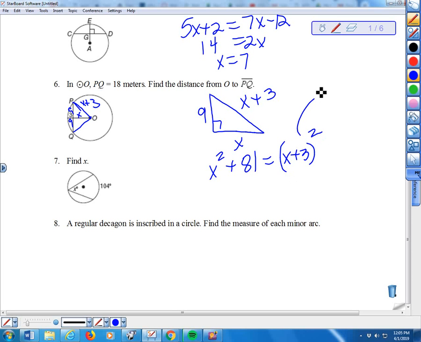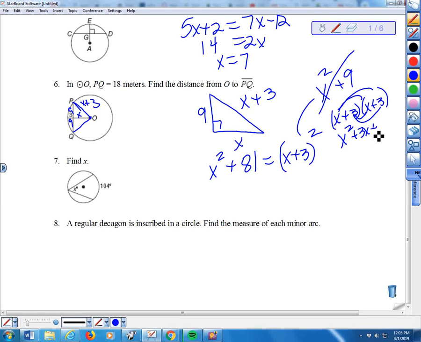Remember, this is not x squared plus 9. X plus 3 squared is that. Then I have to FOIL it. So that's equal to x squared plus 6x plus 9.